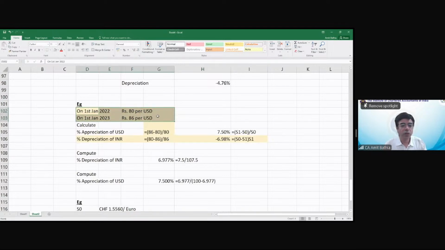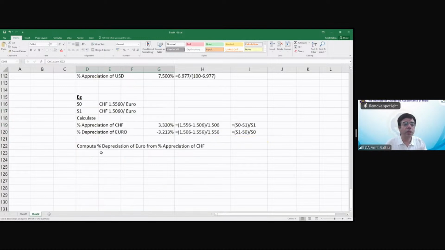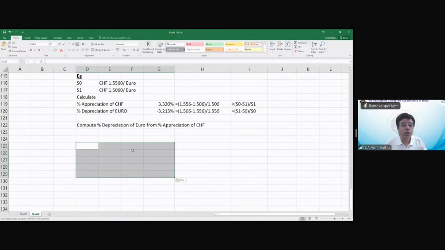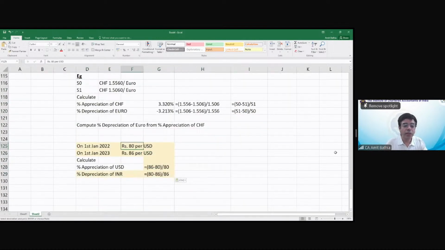Let me write it over here. So let us take the rates as USD, let's say, 0.025 per rupee. Okay.